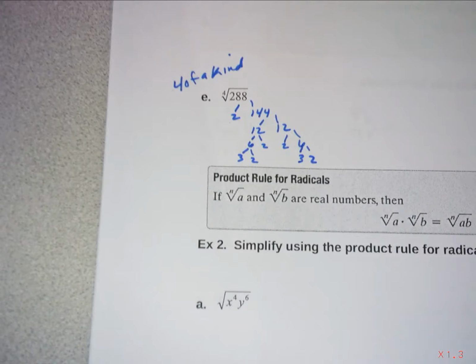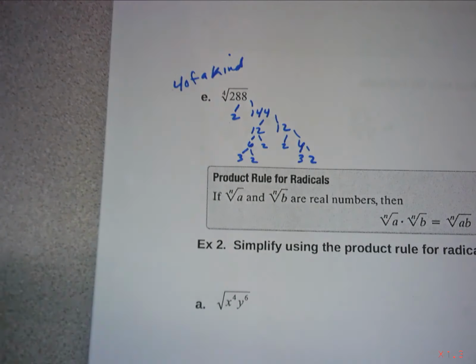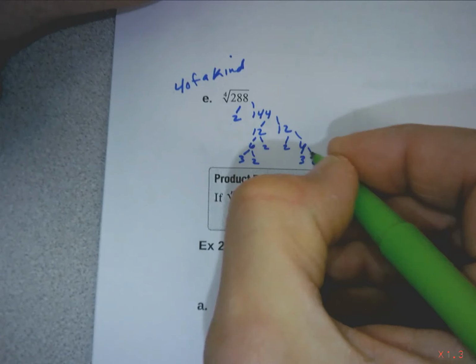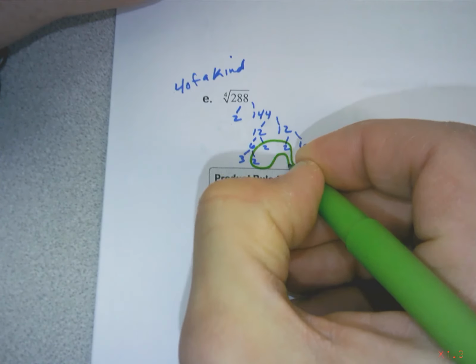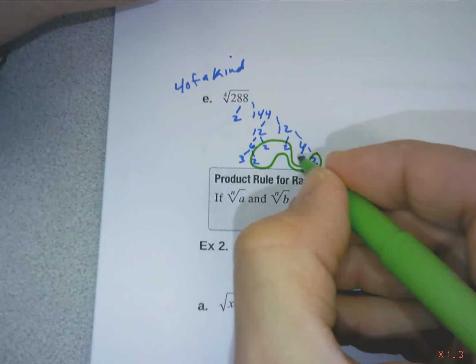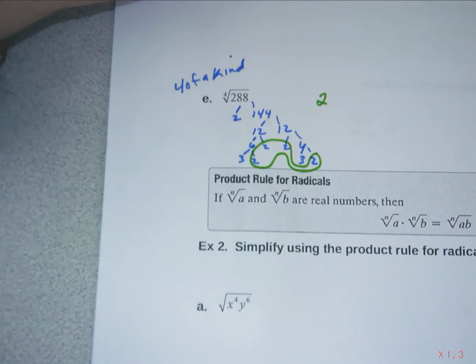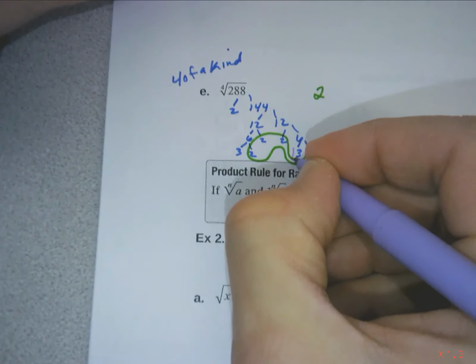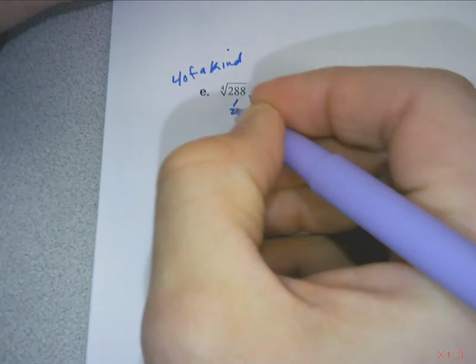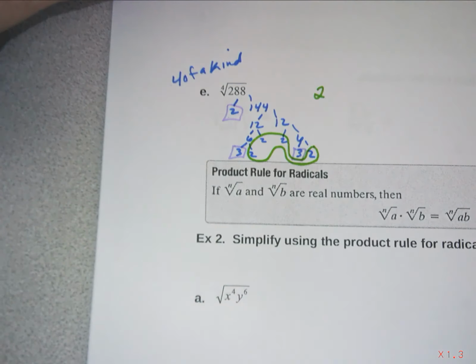So now we're looking for 4 of a kind, and what I see here is I've got these 2s. I got 1, 2, 3, 4, so I write that 1 time. Now when I take a look at what's left, I see at the ends I've got a 3, I got a 3, and I got another 2.